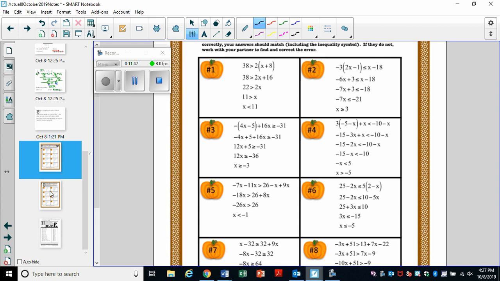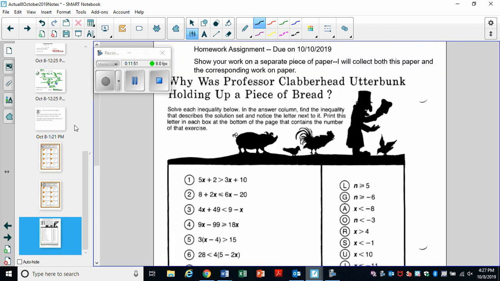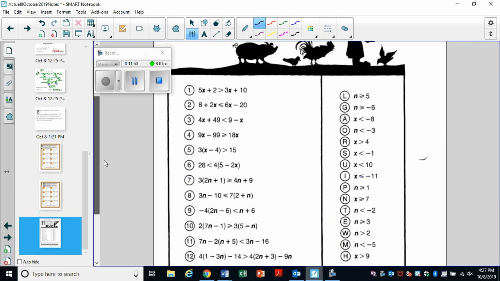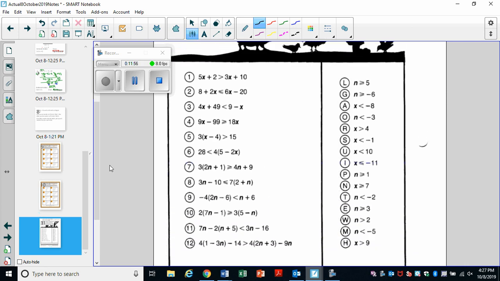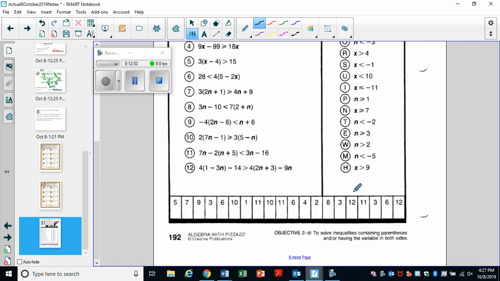And that's because on the homework, you will have to answer 12 inequalities problems. 1, 2, 3, 4, 5, 6, 7, 8, 9, 10, 11, 12. Now, all of the letters just about will appear down on the bottom.